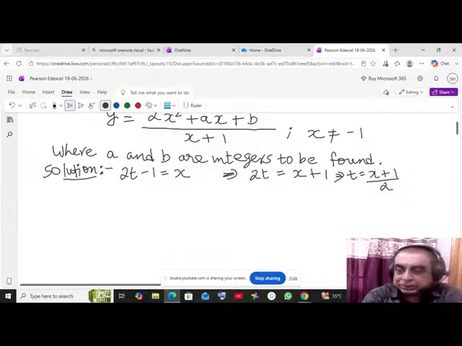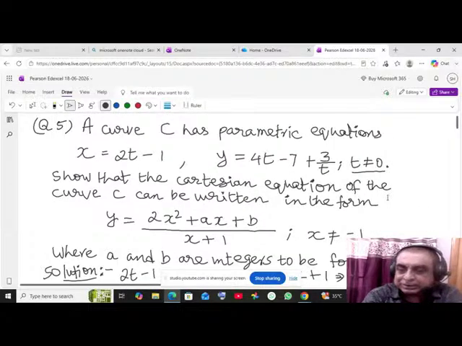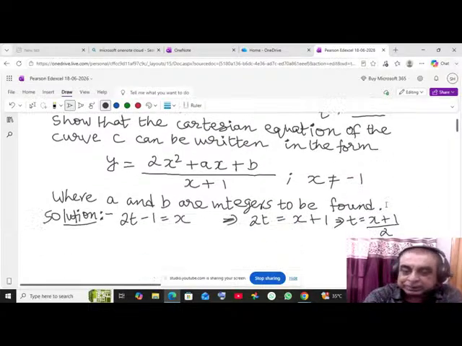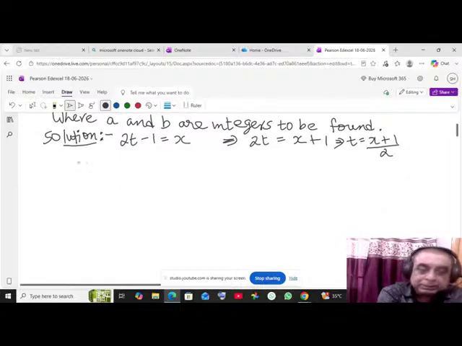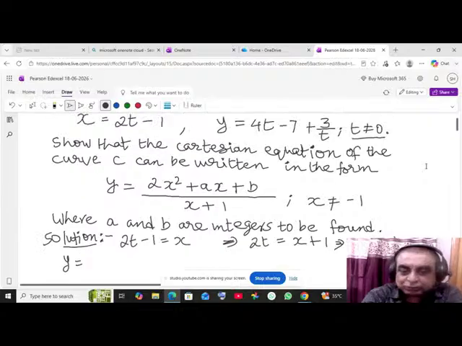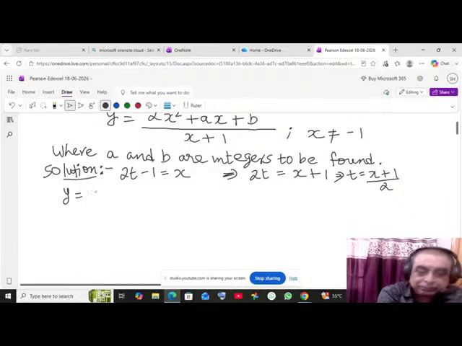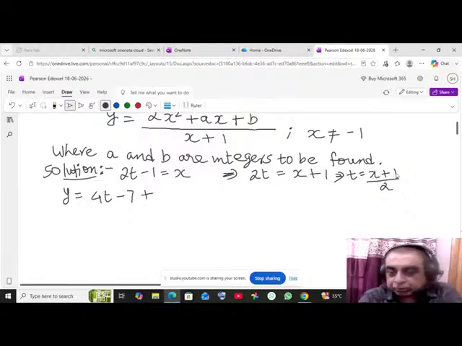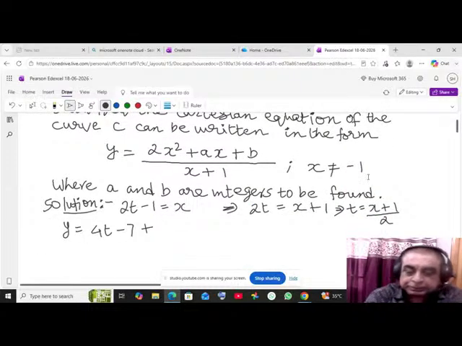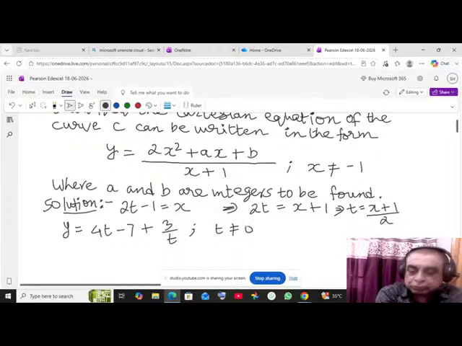Now this value of t I will put in the second equation, the equation of y. So here y is equal to 4t minus 7 plus 3 upon t, where it has been told to us t is not equal to 0.